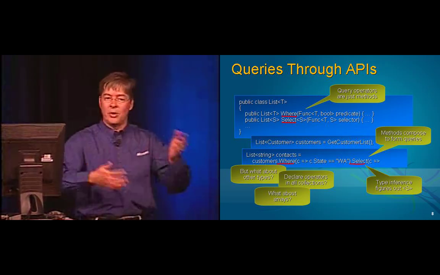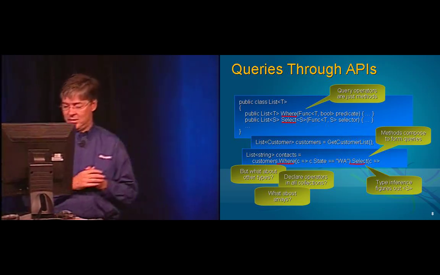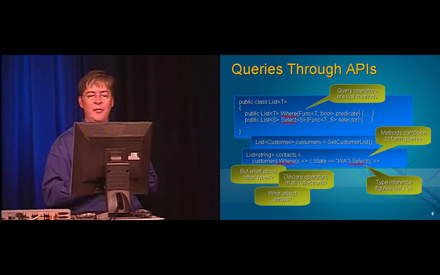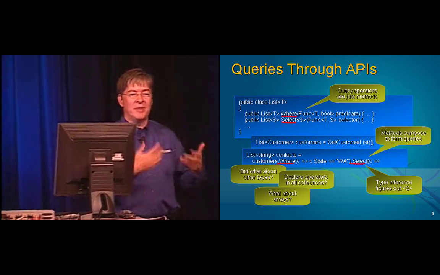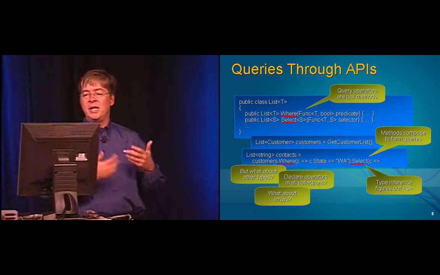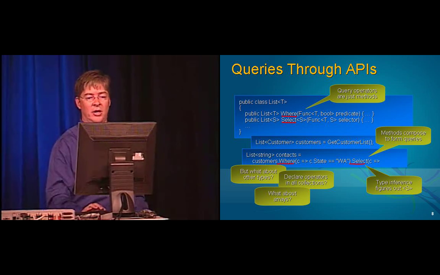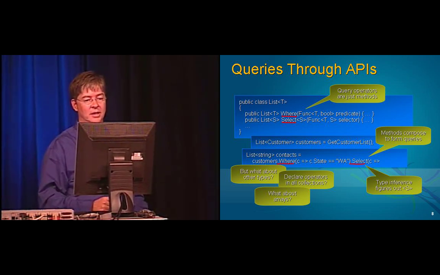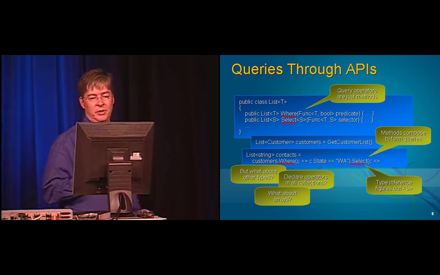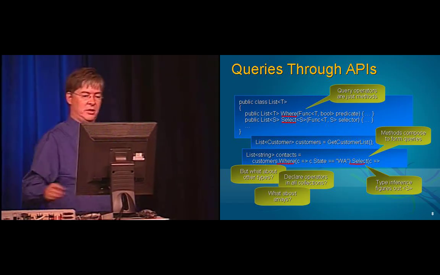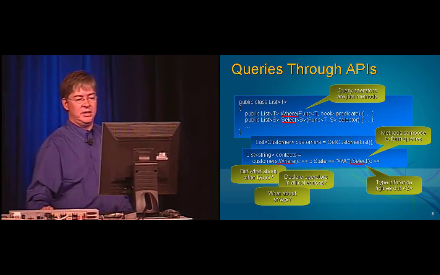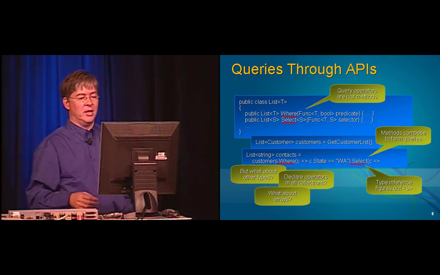And you can imagine OrderBy, GroupBy, and whatever, all built as methods. So effectively, because of the richness of lambda expressions and delegates, we can declare query operators just as methods. And then we can write code like this, where we new up some customers, and then we say customers.Where, calling it c, c.State equals Washington, Select c.Name.